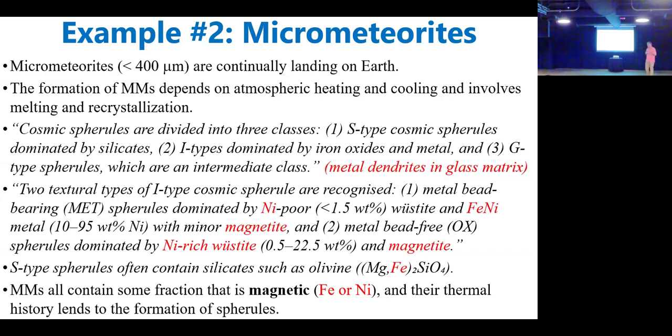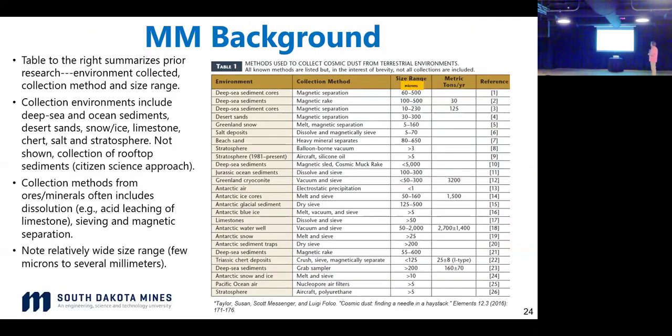A lot of them contain iron and nickel, and so those are two elements very strongly attracted to a magnet, with high magnetic susceptibility, which caused us to think that maybe we could concentrate them magnetically. And off we go.